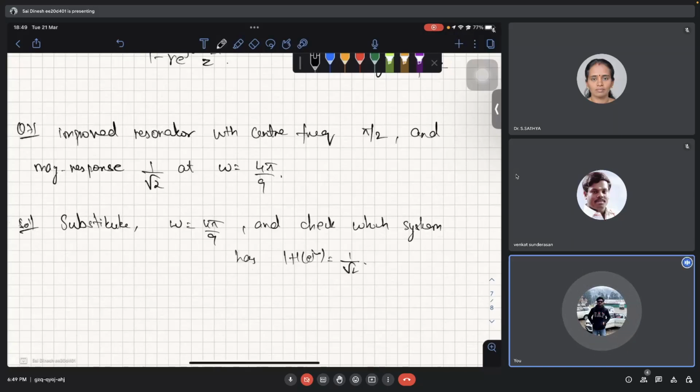Then we narrow that down, and then center frequency pi by 2.